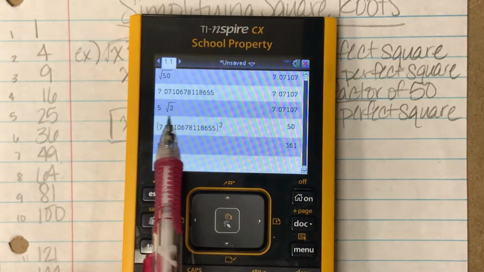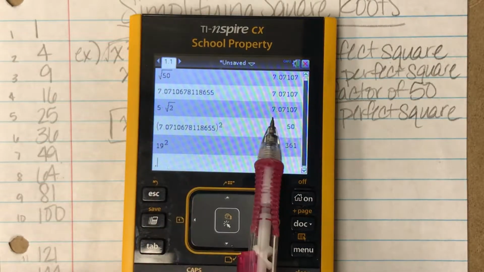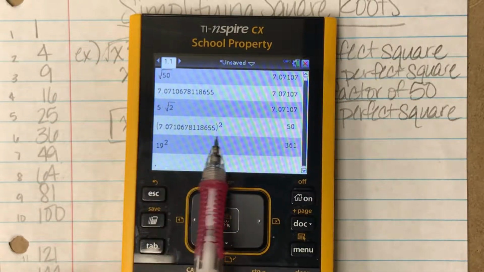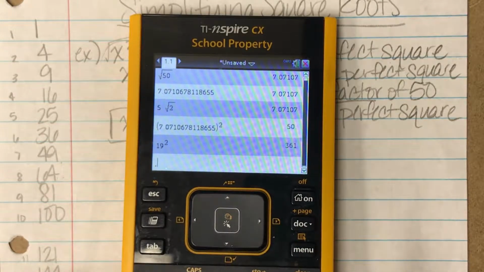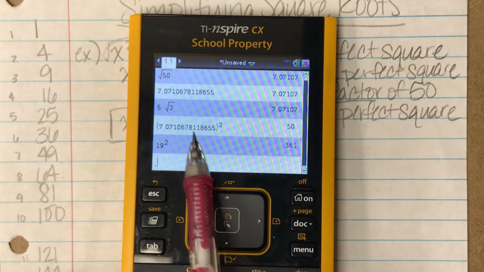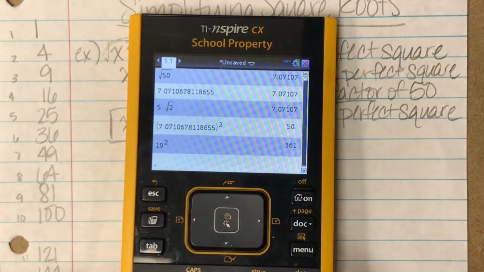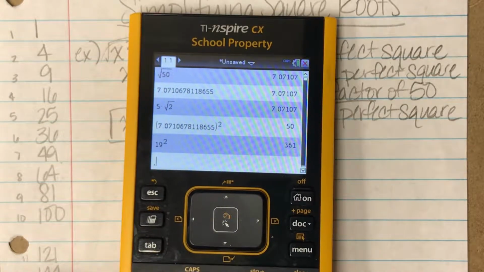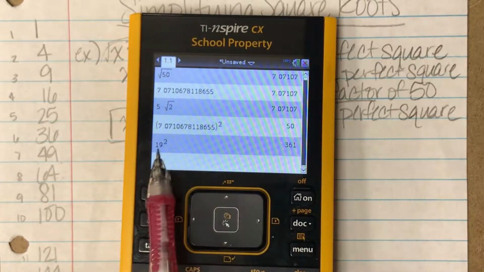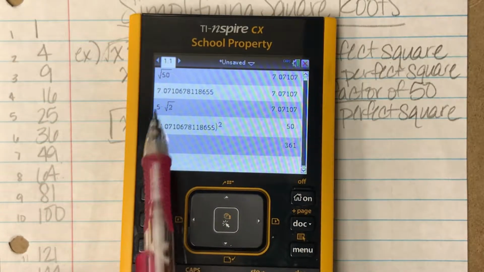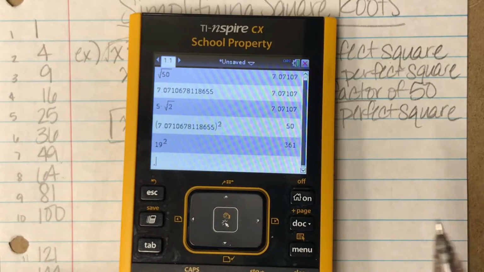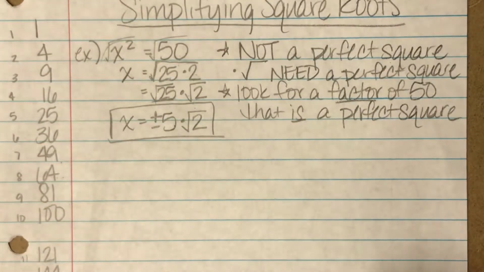Well, 5 times the square root of 2 works out to be that same exact decimal. Sorry, that was a mix-up where I accidentally hit squared. But they are equivalent expressions. They're both a little over 7, which makes sense because the square root of 49 is 7, so we're a little higher than that. But this is just a simpler answer than this big, long, nasty decimal. Okay, so that's what we're doing.